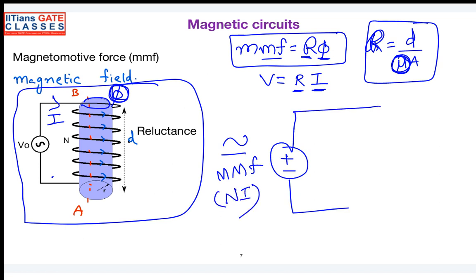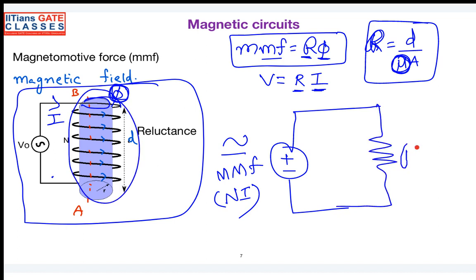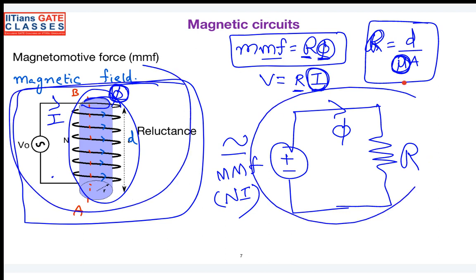The entire core can be replaced with the reluctance. And you can compare this: instead of current, you have your flux. What I was trying to represent is the magnetic circuit in a circuit model. I will try to make it still clearer.